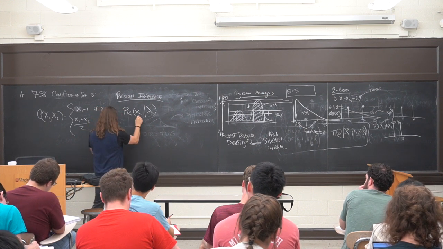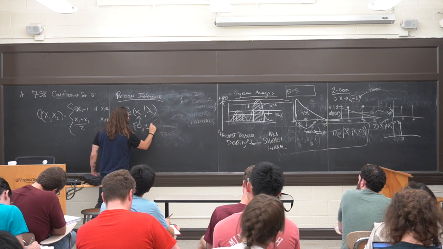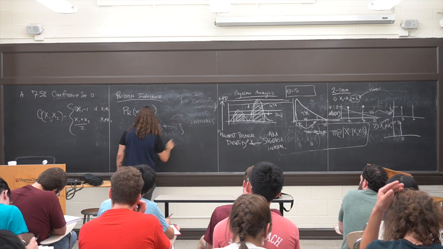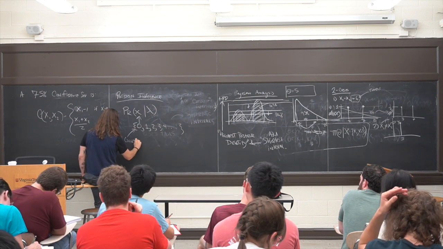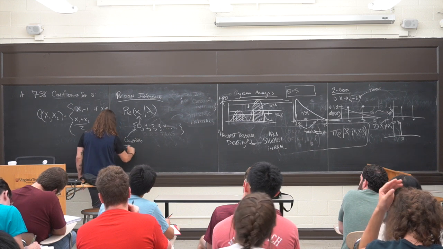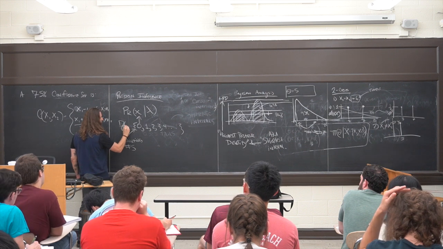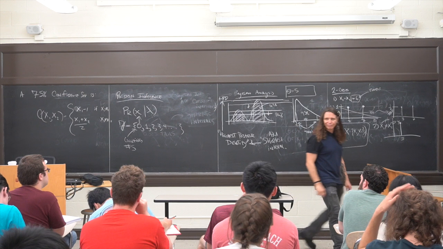Poissons have a random variable that counts stuff. Dot, dot, dot. These are just counting numbers. If you insist. So that's how we count.